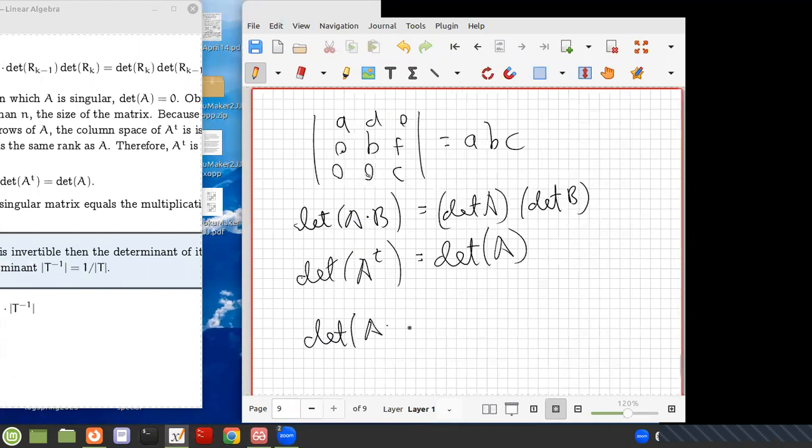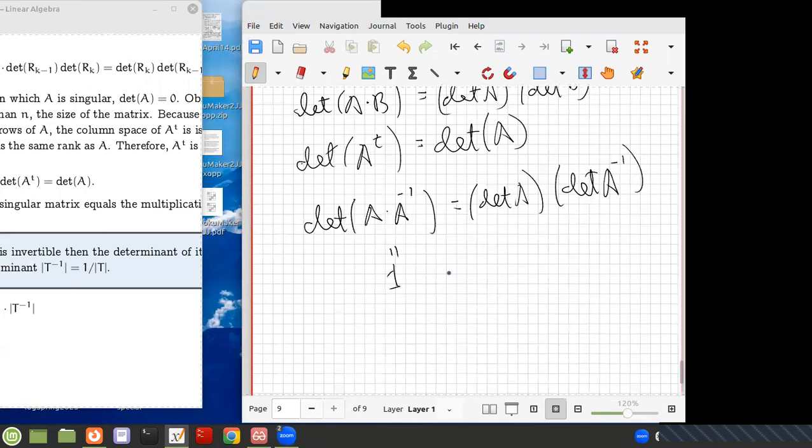The determinant of A times A inverse: because A times A inverse is the identity matrix, and the determinant of the identity matrix is just the number 1, we get 1 equals the determinant of A times the determinant of A inverse.